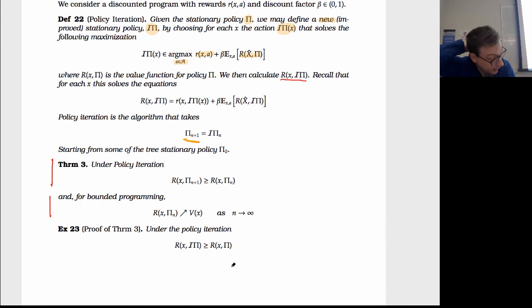So basically, we use our exercise from before.